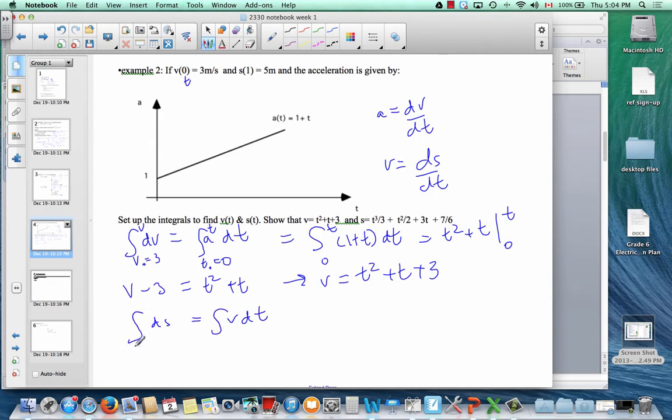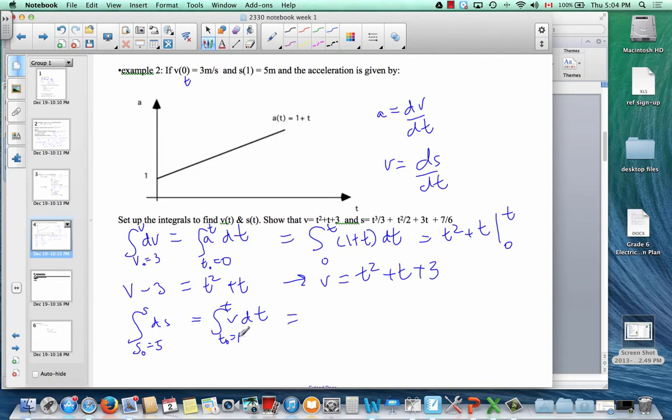Now we notice that our initial position is 5 meters, but that's at a time of 1 second. So we're going to put in a position of 5 and a time of 1, because position as a function of time is 5. Our final position is unknown, and it depends on our final time.